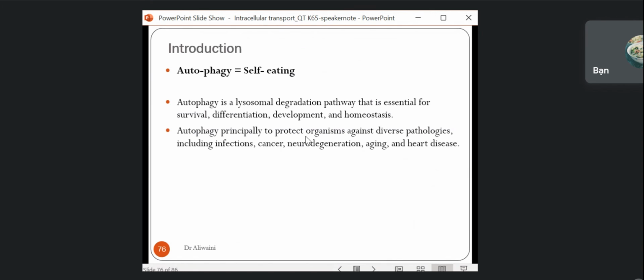So you see many important processes and also diseases involve autophagy in the cell. Autophagy was first identified in the rat liver cell. When scientists did research on the liver cell, they found out that rat liver cells can eat or destroy many of their organelles in stress conditions.